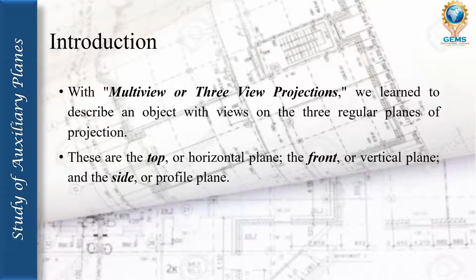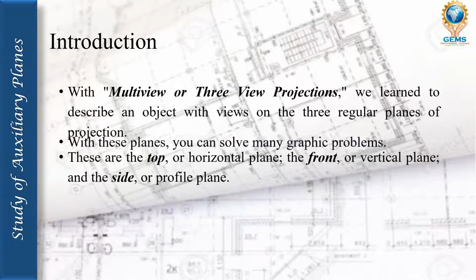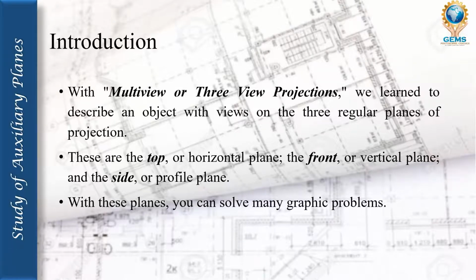These are the three planes and three views which we use in machine drawing or mechanical engineering drawing. You have to know the top view, front view, side view, horizontal plane, vertical plane, and profile plane. With these planes you can solve many graphic problems.